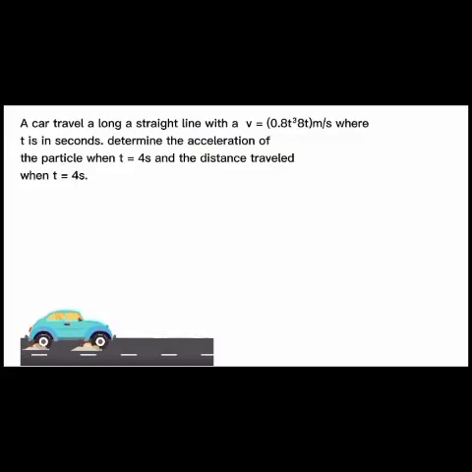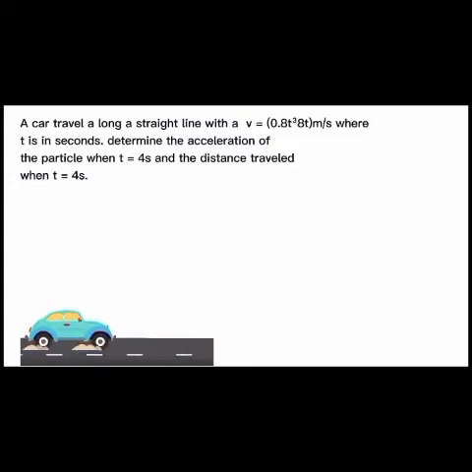Problem two: a car travels along a straight line with a velocity of 0.8t cubed minus 5t meter per second where t is in seconds. Determine the acceleration of the car when t is equal to 4 seconds and the distance traveled when t is equal to 4 seconds.